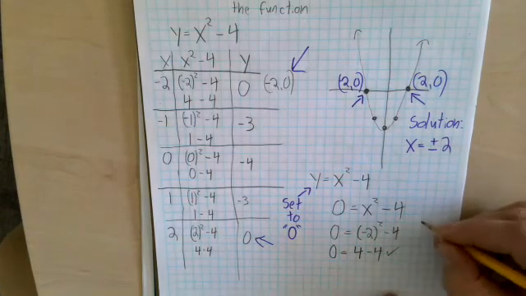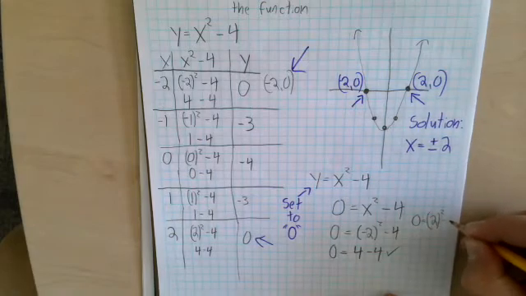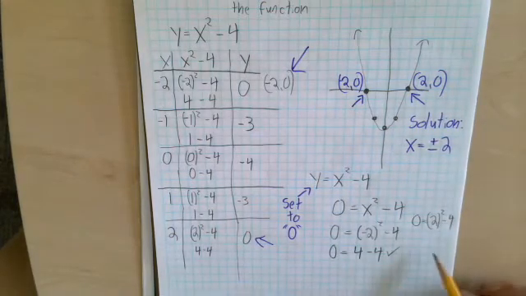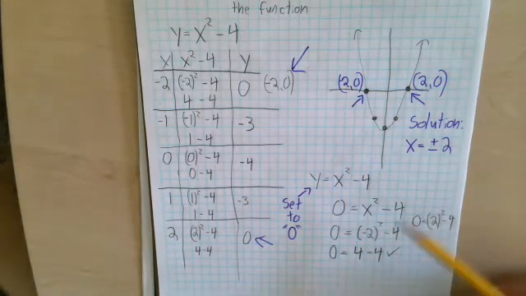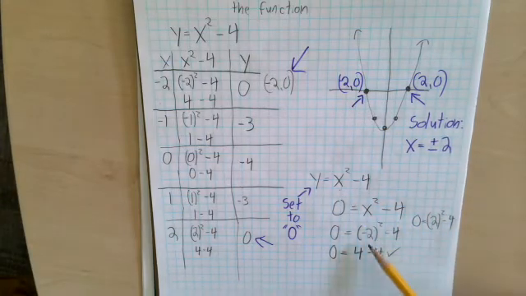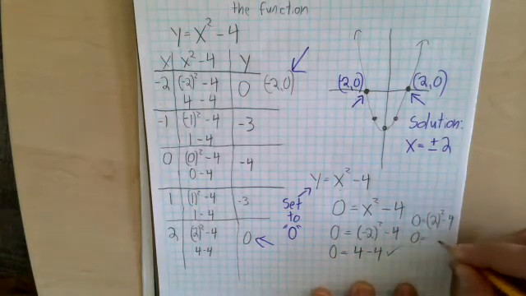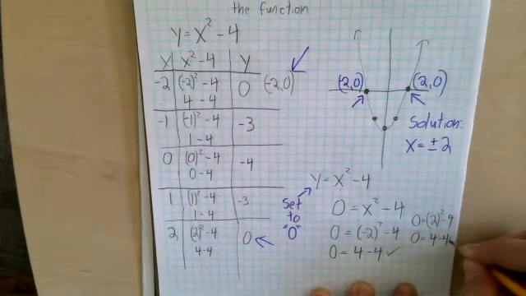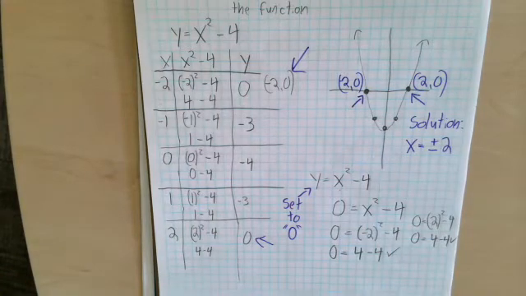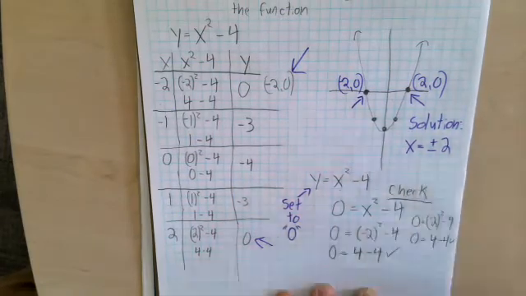The other solution we have, 0 equals positive 2 squared minus 4. Again, I'm just taking that original equation and plugging in the solution for x. Negative 2 over here, positive 2 over here. Same idea. 0 equals 4 minus 4. Check. So this is the checking that we just did.